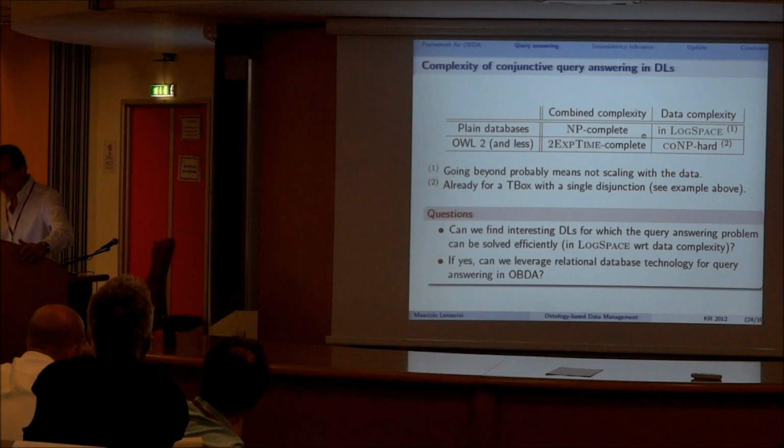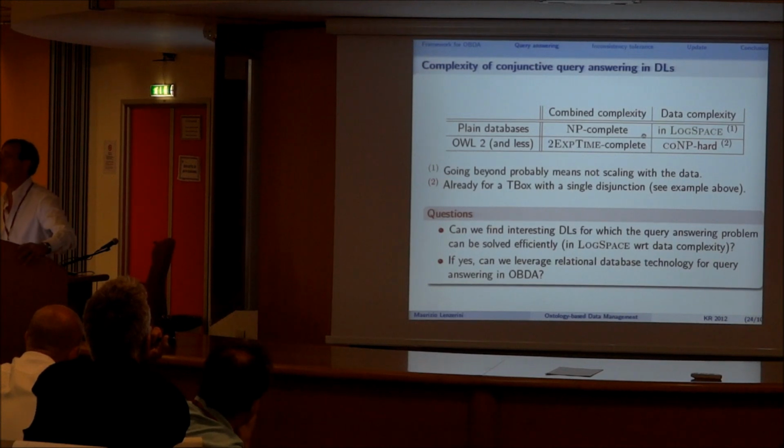The question we started studying was, can we find interesting description logics for which query answering can be solved efficiently with respect to data complexity, for example remaining in log space as in the traditional database setting? And if so, can we leverage relational database technology for answering queries?